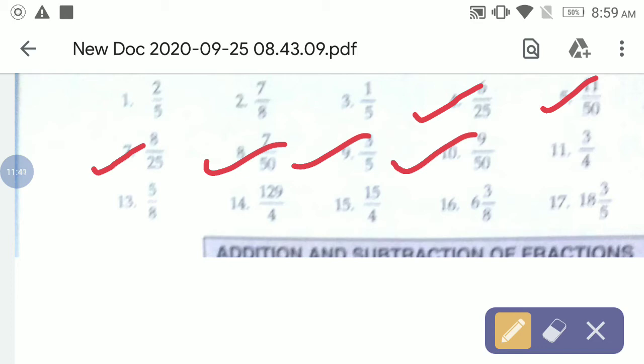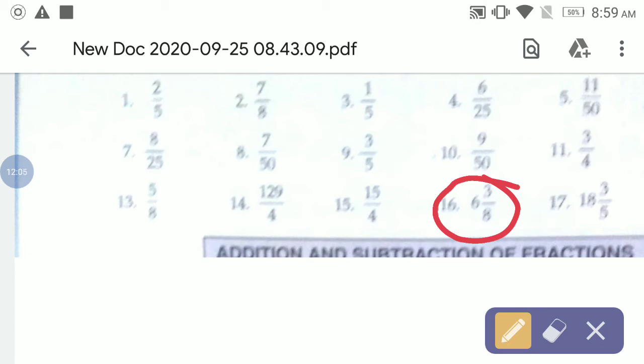Now I just want to explain you about the last two examples. In the last two examples, it is given about the whole number and a fraction. So in such type of example, what you have to do, you can do it in such a way that first of all convert this into the improper fraction.